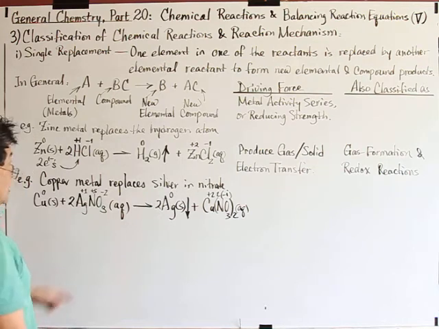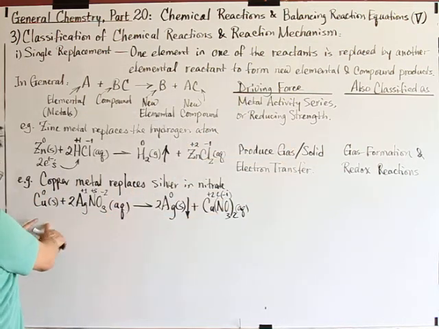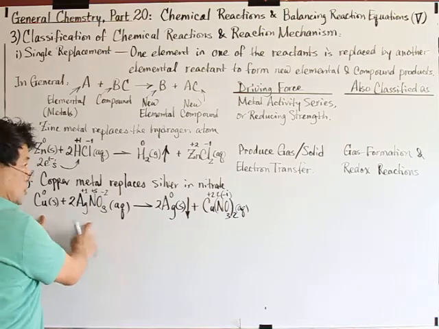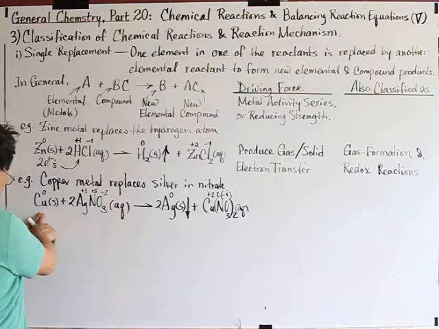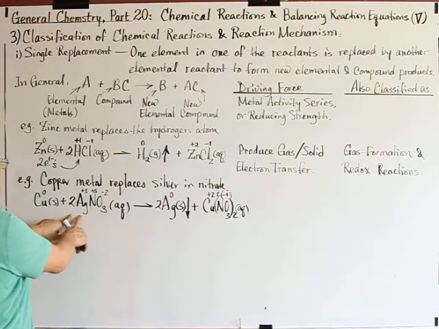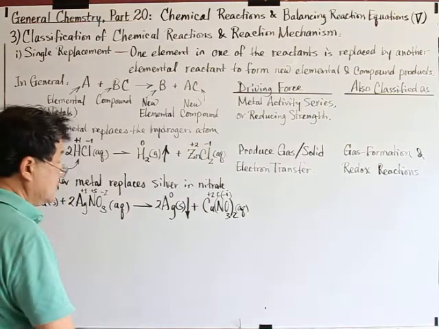Because what? Because of the metal activity series, copper is stronger than silver. Copper, for reducing power, is stronger than silver. The silver will be reduced by copper. Copper will replace the silver.